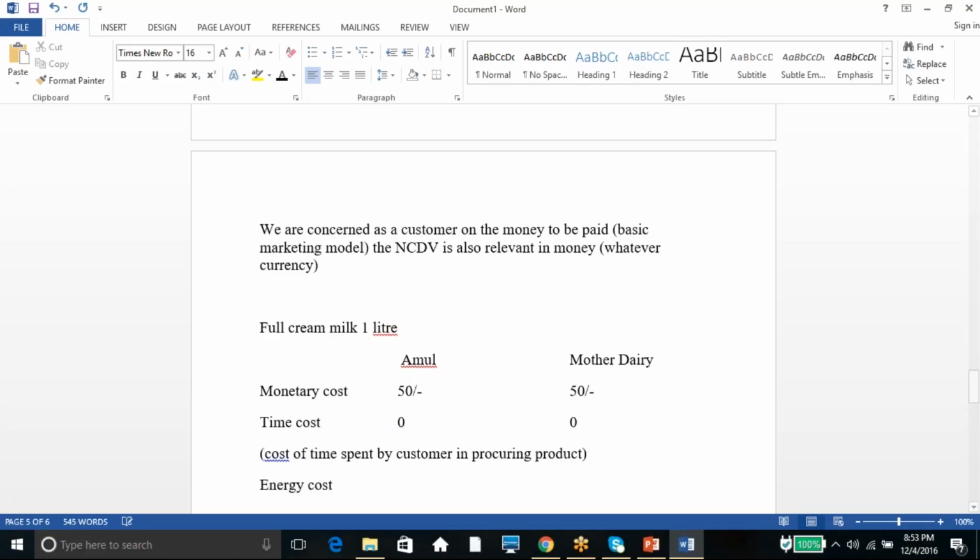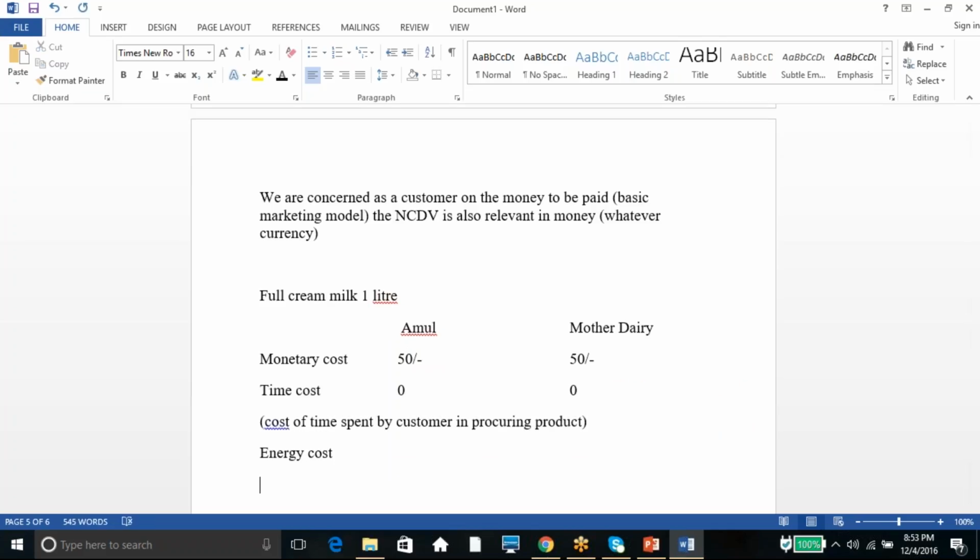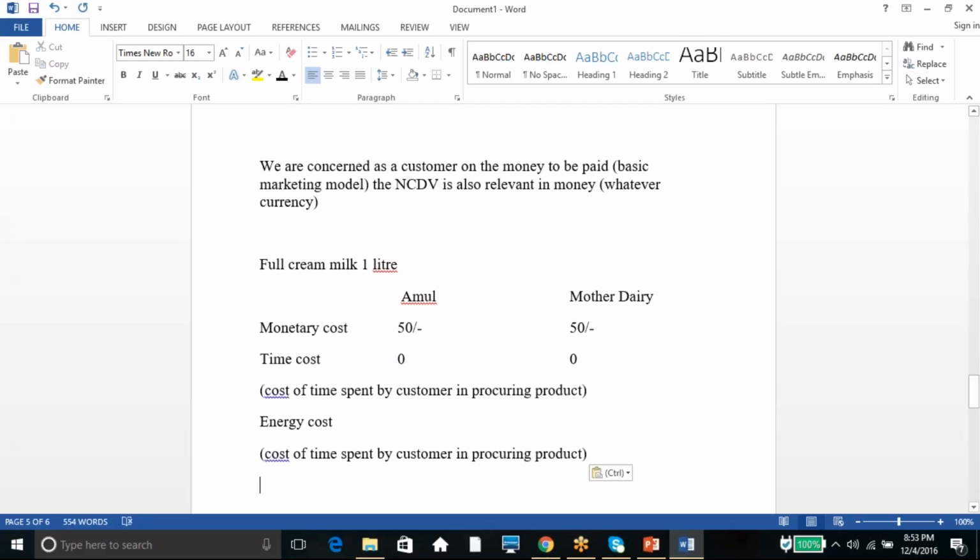Energy cost is similar to time cost, which is the cost of effort. Again over here we can say 0 and 0 for this product, because the effort in procuring is going to be similar.